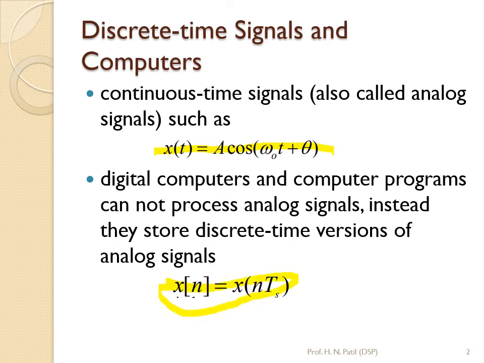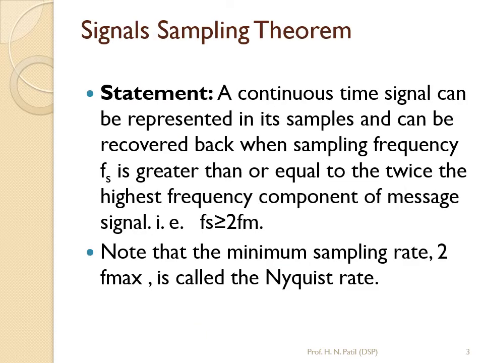Here n is the sampled version of the original signal and Ts is the sampling period using which that signal is continuously sampled. So this sampling frequency we need to know, using which the analog signal can be perfectly sampled.